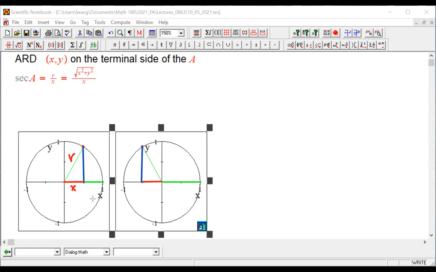So X can be positive, X can be negative. As a numerator, it is the square root of X squared plus Y squared, so the top is always positive. The bottom could be positive or negative.